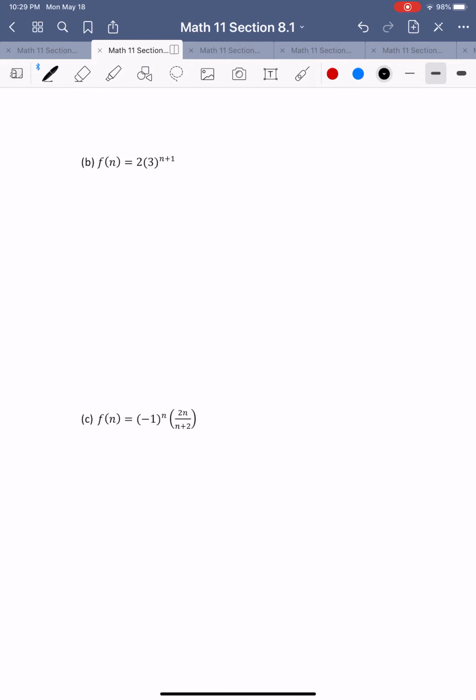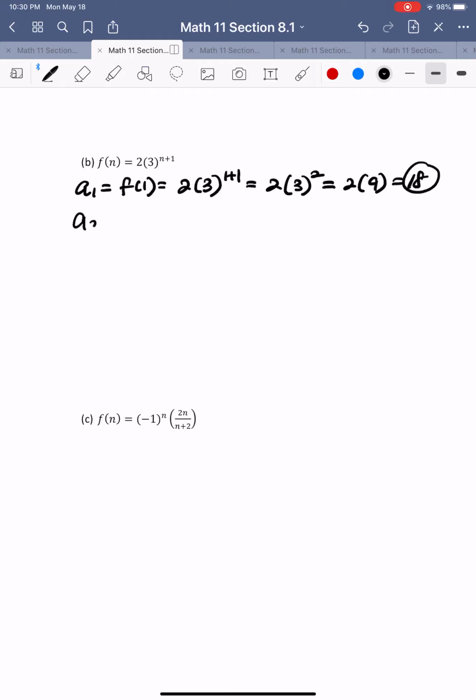Now we're going to find the first four terms of the next sequence. Same thing. A sub 1 is f of 1: 2 times 3 to the 1 plus 1 power, so 2 times 3 squared, 9 times 2, which is 18. A sub 2 is f of 2: 2 times 3 to the 2 plus 1 power, so 2 times 3 cubed, 2 times 27, which is 54.